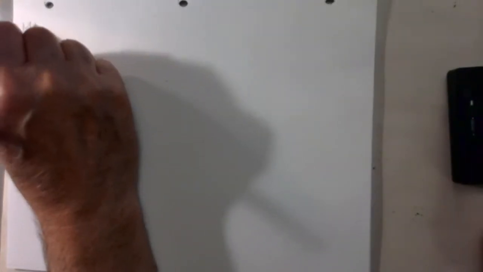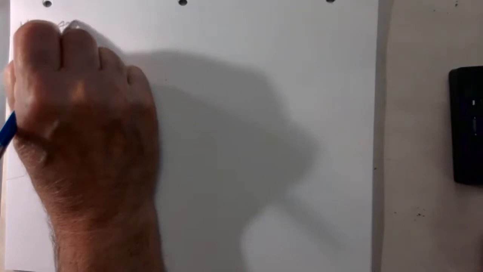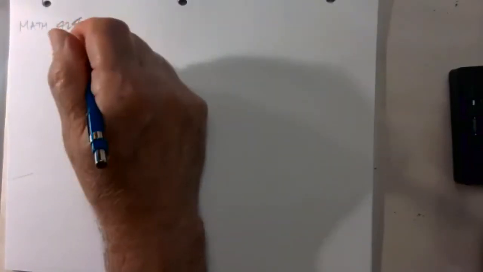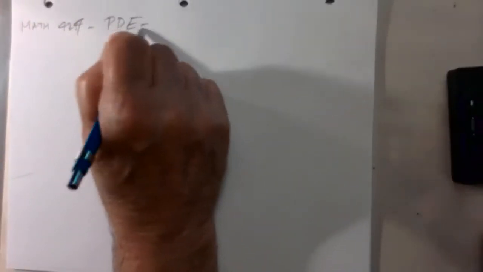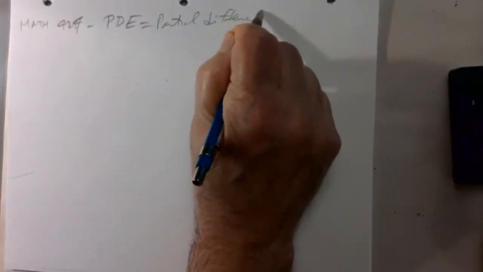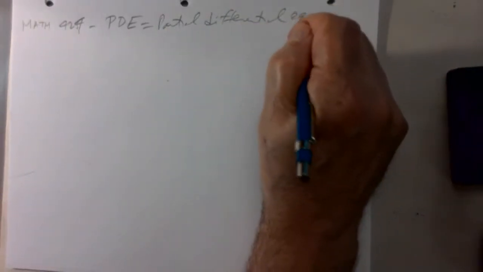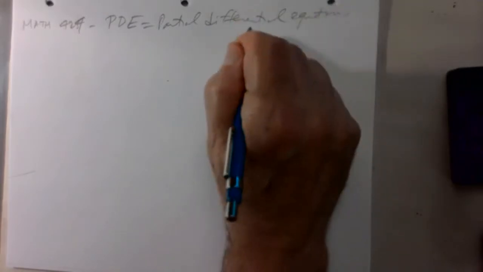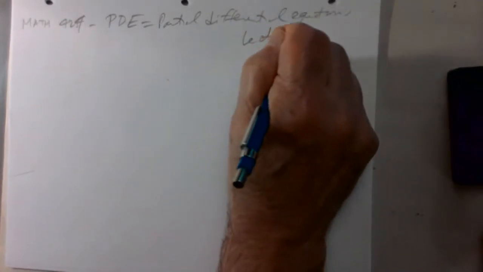So this is Math 424 PDE, which means partial differential equations. A lot of the information about the course is posted on the website, and I also emailed it out to everyone last night.